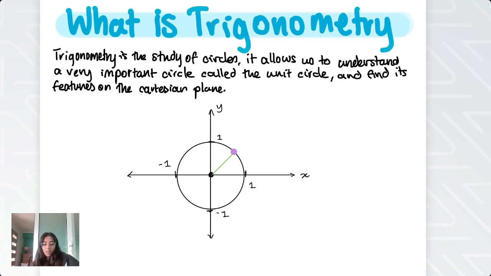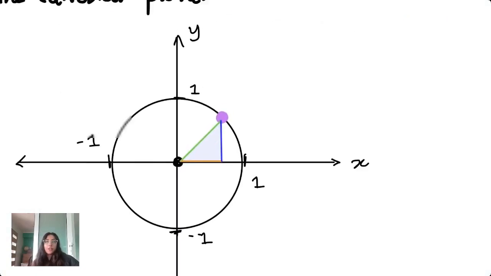It's going to have an x-coordinate, which I'm putting in orange. And it's going to have a y-coordinate, which I'm going to put in blue. So it has an x-coordinate, a y-coordinate, and a gradient.